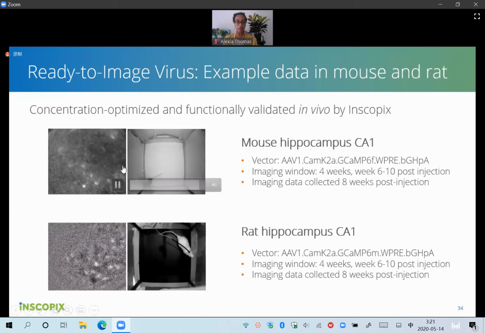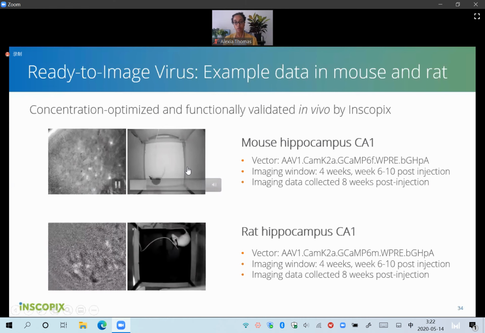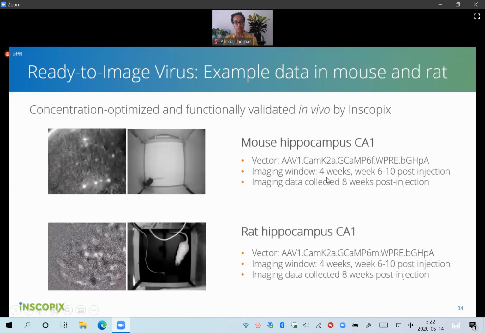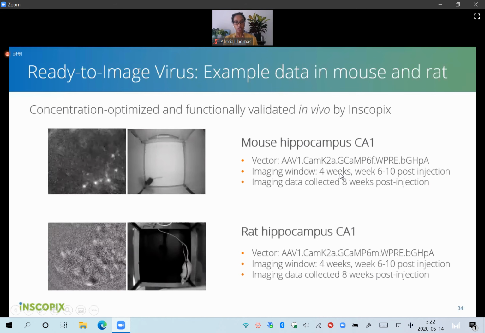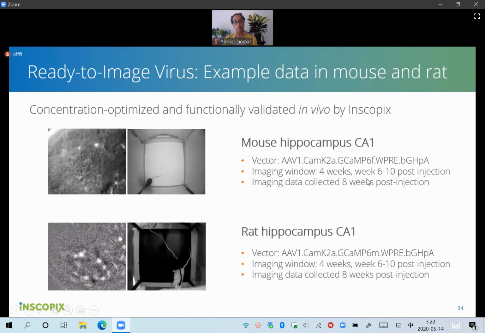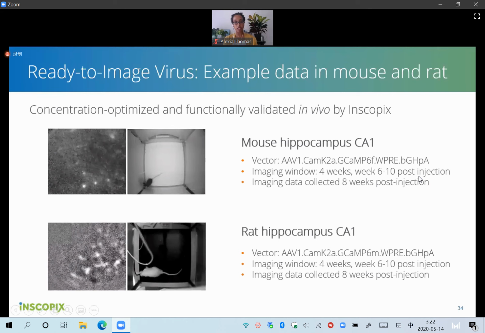And so what we have here is sample data from a mouse hippocampal CA1 recording, and you can see on the right the corresponding animal behavior. In this case, the imaging window we're showing you is week 4, and you have 4 weeks of imaging available, which starts at 6 weeks from injection up to 10 weeks post-injection.